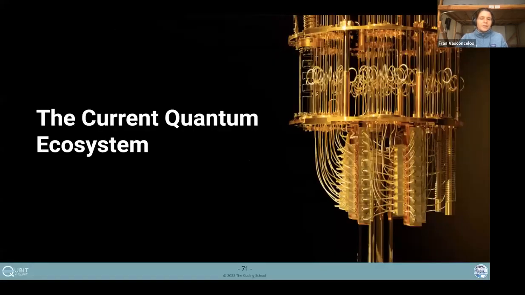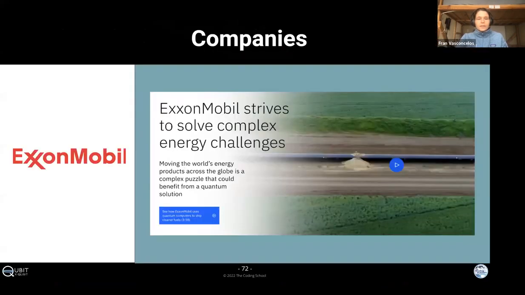And with that, we just wanted to also discuss a bit what the current quantum ecosystem looks like. And by this, I mean the application and work and research of quantum computers in all different domains, spanning from university to government to industry. So with regards to companies that currently are putting a lot of investment and focus on quantum computing, there's a very wide variety of them across all different kinds of fields.